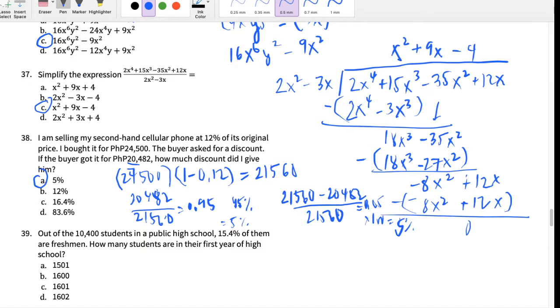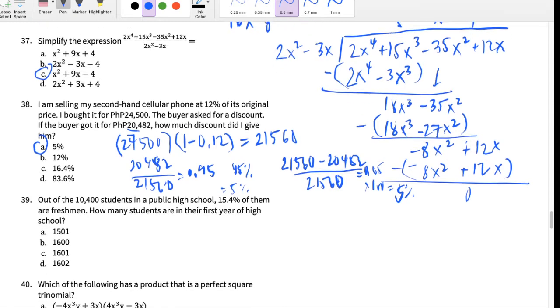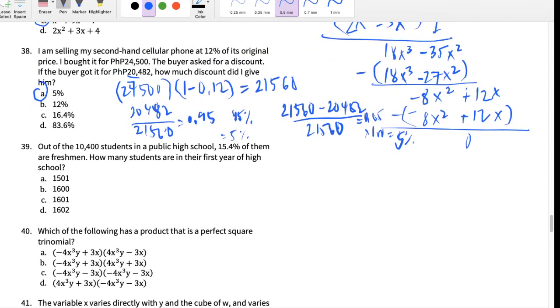Answer here is letter A. Guys, hindi nyo na ito i-add sa 12% kasi yung tinatanong dito is kung magkano yung nakuha nung buyer na discount. Yung tinatanong niya, buyer asked for a discount. So, the buyer got a 5% discount from my selling price.